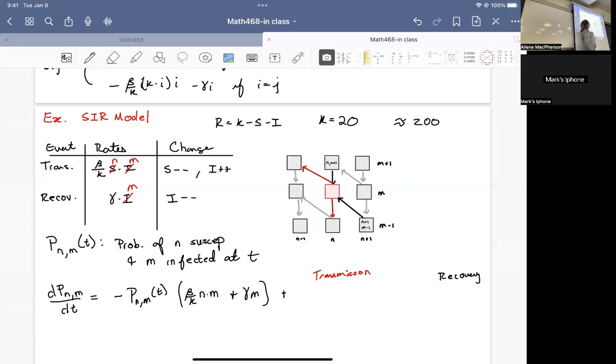A transmission arrow reduces the number of susceptible hosts, which is drawn on this axis, by 1, and it increases the number of infections by 1. So it's these diagonal arrows. There are lots of diagonal arrows on this figure, but only one of them from here to here describes the flow into the state.